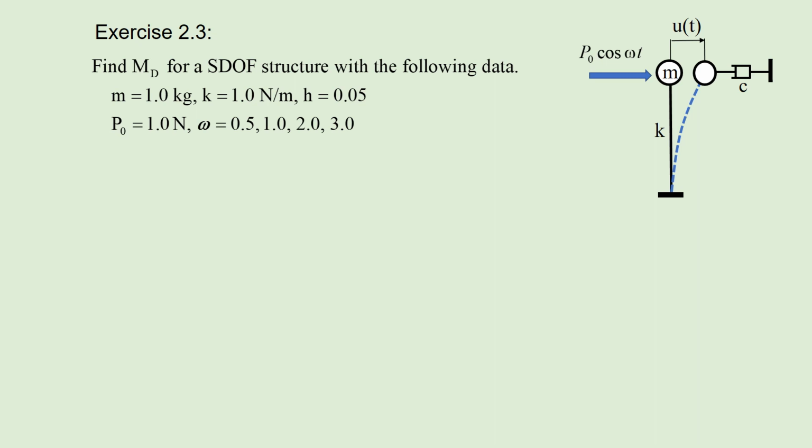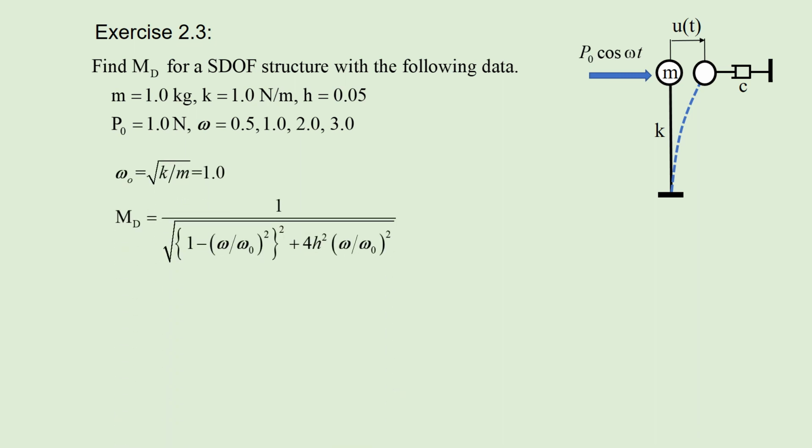Exercise 2.3. Find MD for a SDOF structure with the following data. M equal 1.0 kilogram, k equal 1.0 Newton per meter, h equal 0.05, and P0 1.0 Newton, omega equal 0.5, 1.0, 2.0, and 3.0.